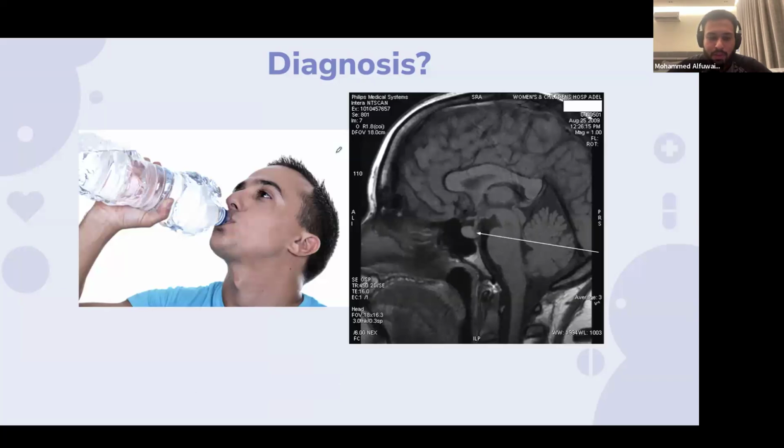How about this patient? They come to you with, I've been drinking a lot of water and I've been urinating so much more. Polyuria, polydipsia, diabetes insipidus. Good. Now, for these patients, you'll do an MRI and you'll see this. What is the defect here?